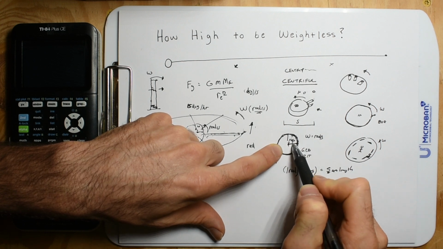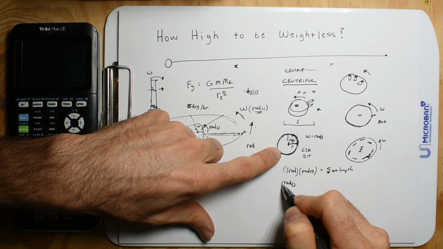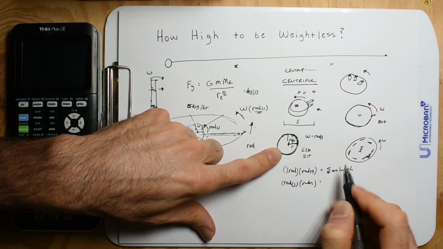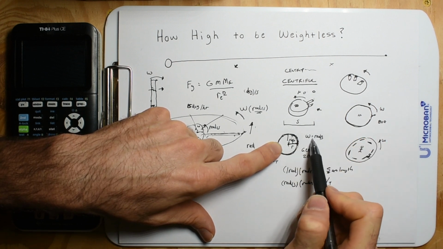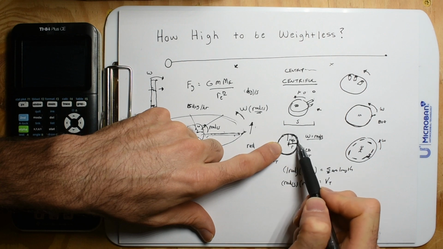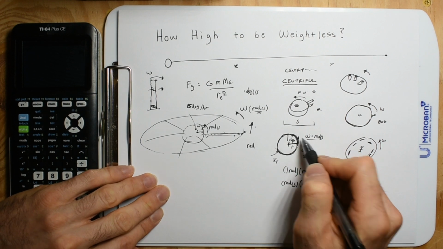And then we have radians per second, that's our angular velocity, times radius. Well, that gives us something normal, and that's going to be the tangential velocity. So if we know our angular speed in radians per second, we just multiply by the radius, and we can get our tangential velocity. Okay, heck yeah.